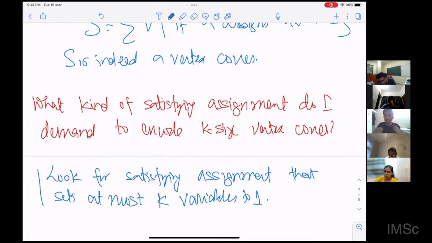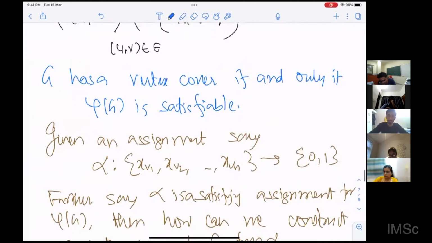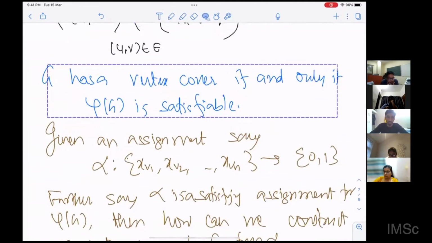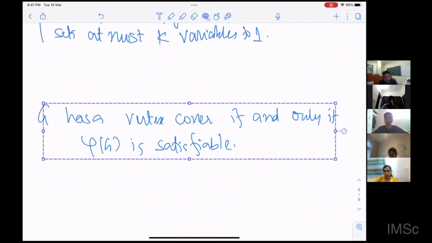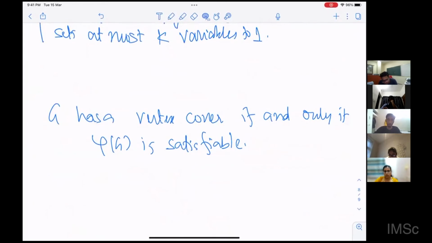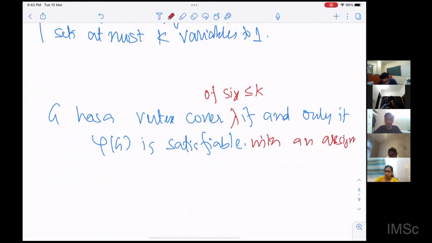So now we can take this sentence, copy, and write: G has a vertex cover of size at most k if and only if phi g is satisfiable with an assignment that sets at most k variables to 1.